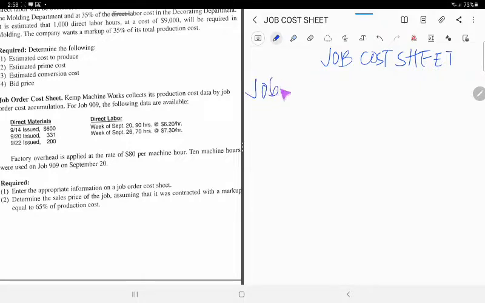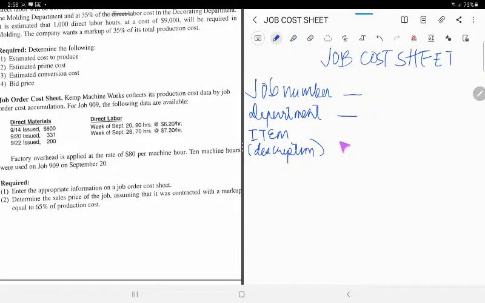You have to include the job number, and then if it is multi-department, whose department the job cost sheet is, then the item that we are producing, or rather a description. Others would have a description rather than item.